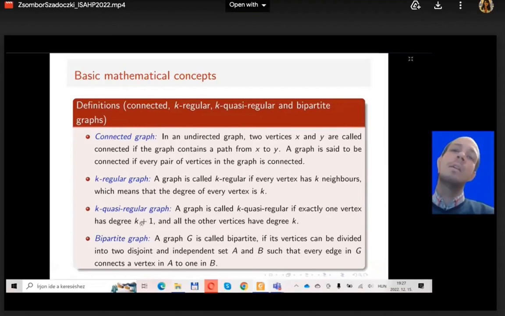In those cases, we can have K quasi-regular graphs, and exactly one alternative is compared to one more alternative than the others. And bipartite graphs are also important for us. If a graph is a bipartite graph, we can divide its vertices into two disjoint and independent sets, A and B, and all of the edges of the graph are between the sets A and B.